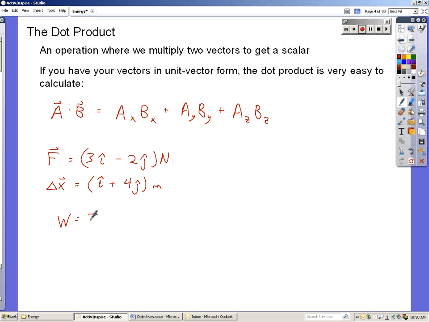Well, it's just F dot delta x, so it's 3 newtons times 1 meter plus negative 2 newtons times 4 meters. So the product of the x components, product of the y components. And so here we get 3 and negative 8, and we get negative 5 joules is the work done by this force. Dot product. It's fun.